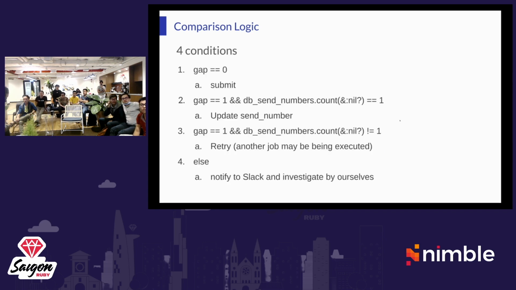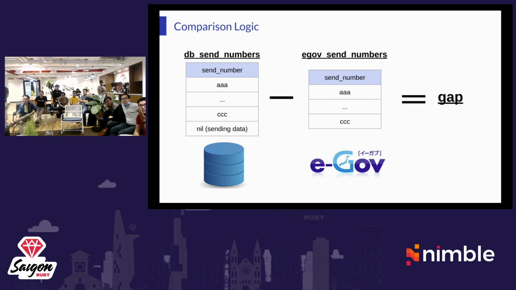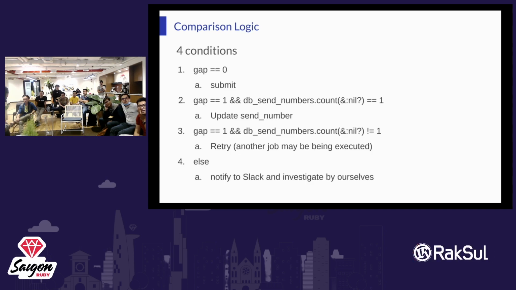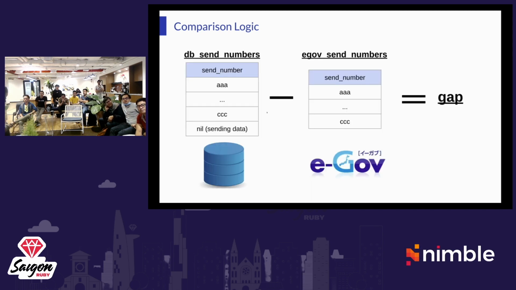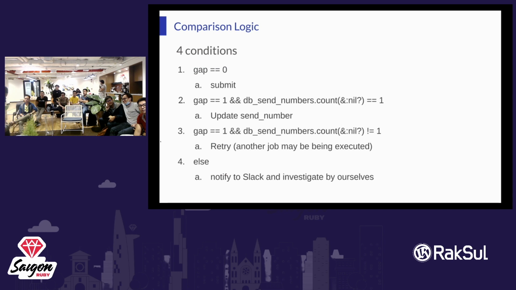If the gap is 0, we can submit because there are no missing send numbers. If the gap is 1 and there is only one new record in the DB send numbers, it means some number is missing, so we send this number to the database.